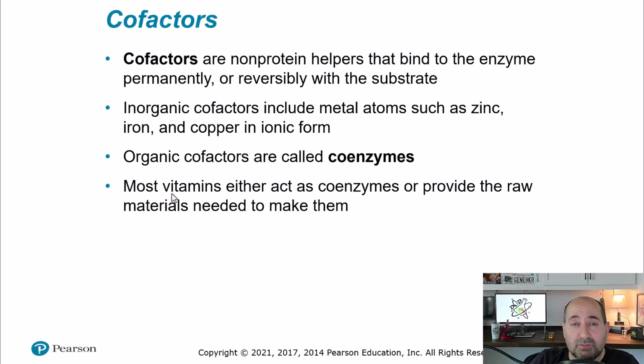Some enzymes might require vitamin C binding to them to function correctly. Some might require one of the vitamin Bs to attach to function correctly, or vitamin D or vitamin E. The vitamins serve as cofactors. The vitamin will bind to the enzyme or the protein, allowing it to function correctly.